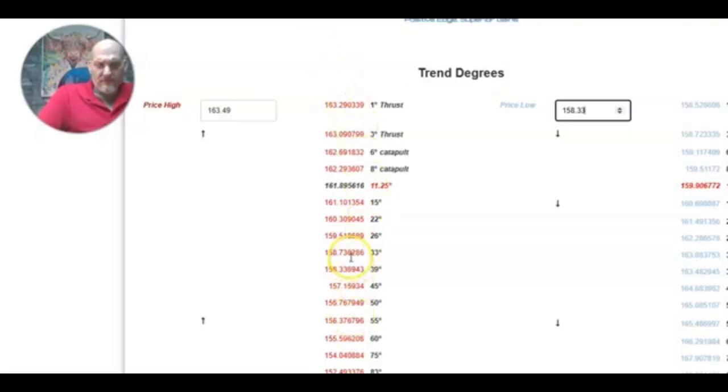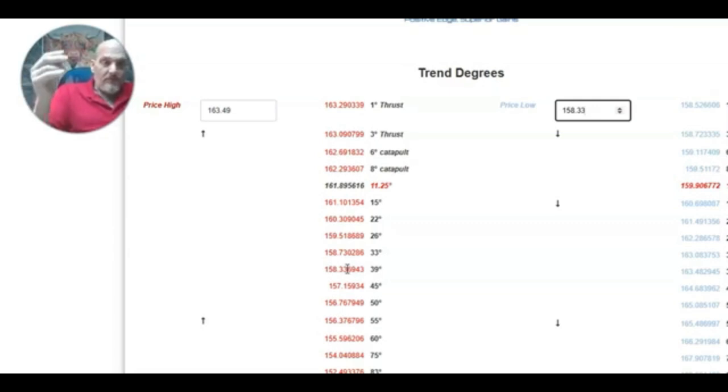Yeah, 158.73 was the degree above it. We have two things that we can do here. Obviously, buying at 158.40 with a stop at 158.05 works. Doesn't always work, okay?